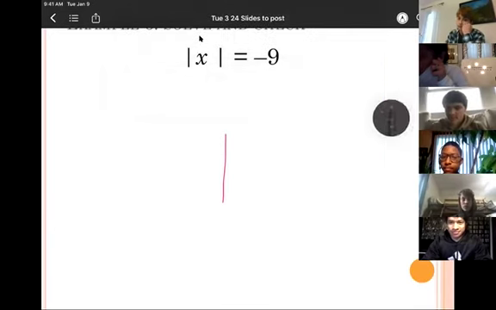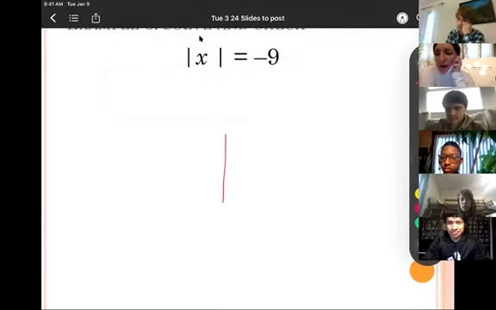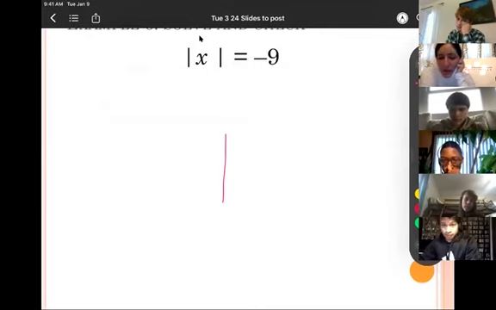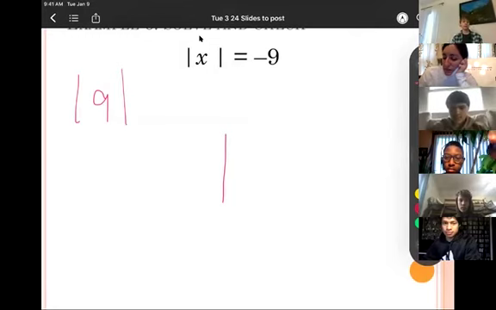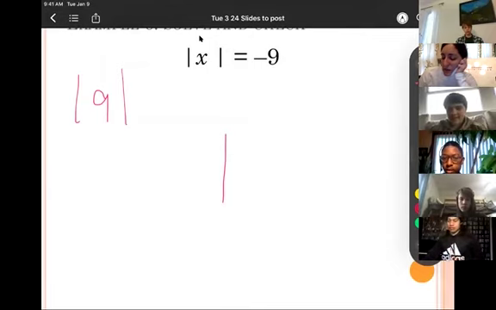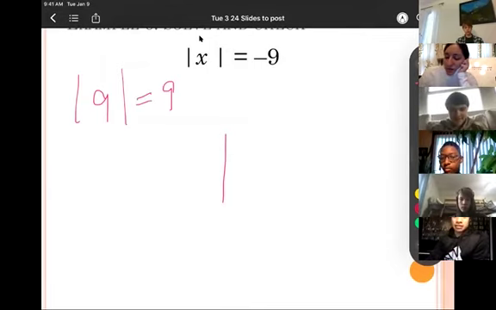So for this one, who can tell me a number that if I put in there, I'm going to get an answer of -9? Put a minus outside of the absolute value? Well, that would be changing the equation.